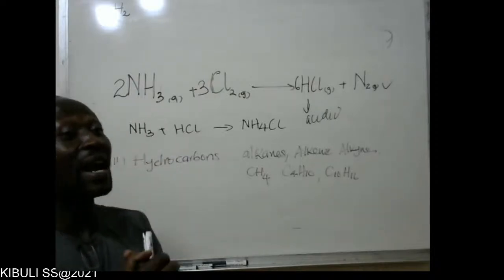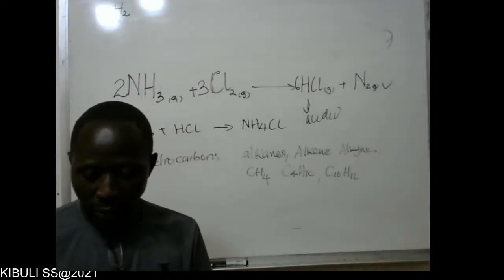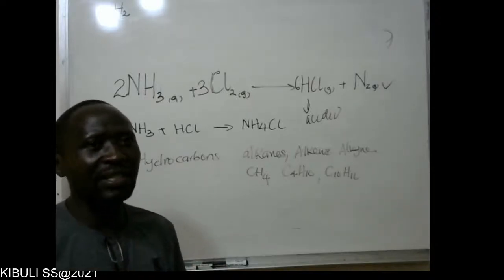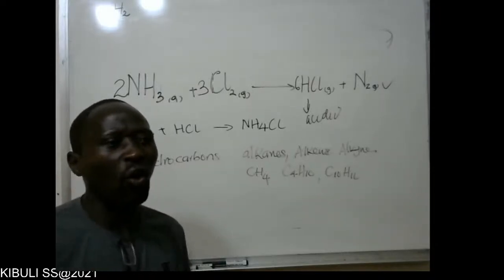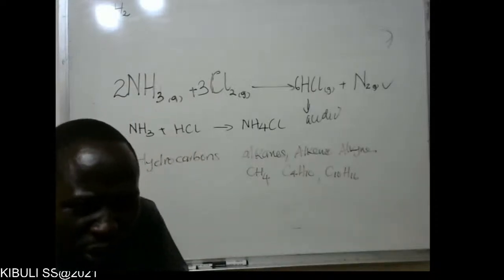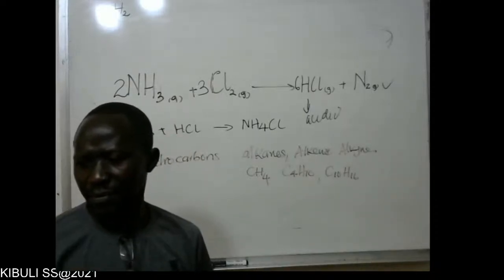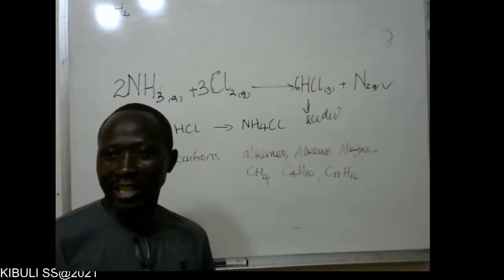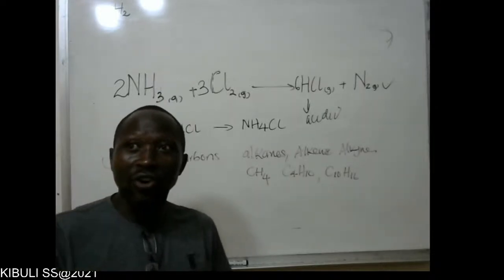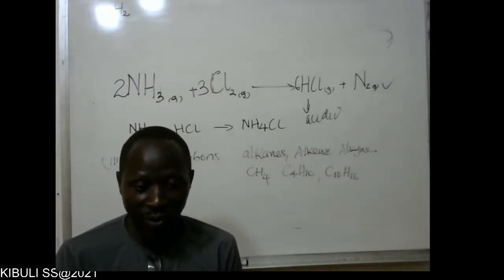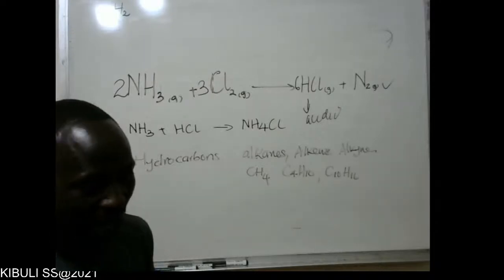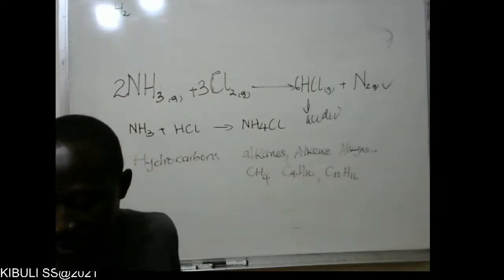Hydrogen chloride is a gas. An acid is something that gives hydrogen ions. So all acids have hydrogen in them. Any acid you think of has hydrogen in it, but this hydrogen is only released as an ion in water. That's why we say an acid is a substance that releases hydrogen ions.